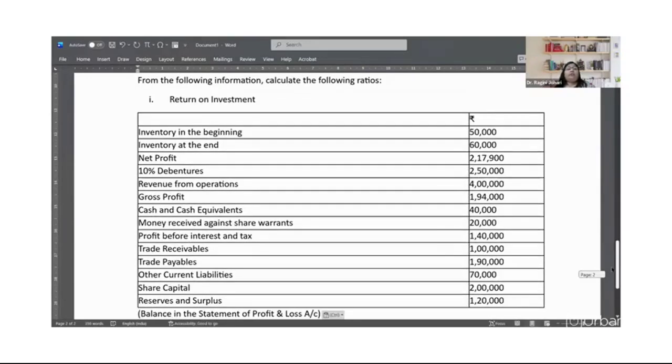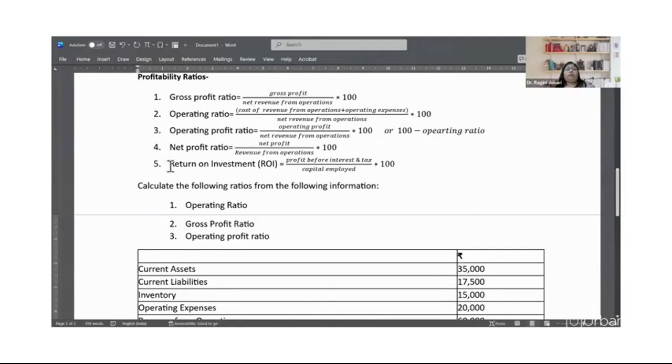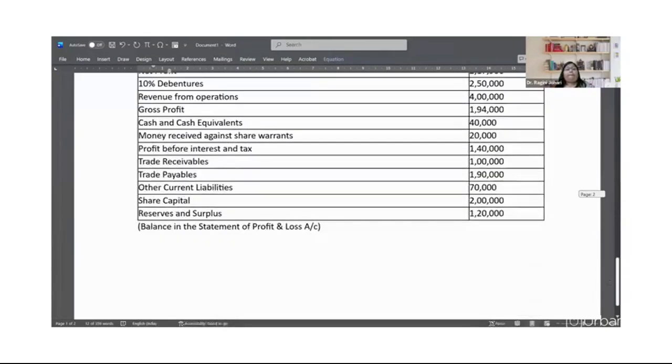So that is why this ratio becomes very important. Okay, so the formula for return on investment or ROI ratio is this. Let us start with this formula. Okay. So this formula says profit before interest and tax divided by capital employed into 100.